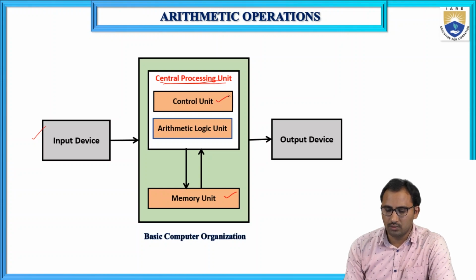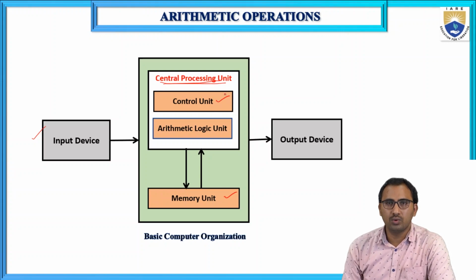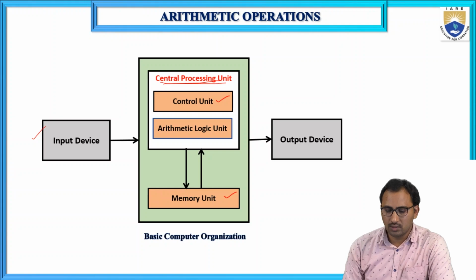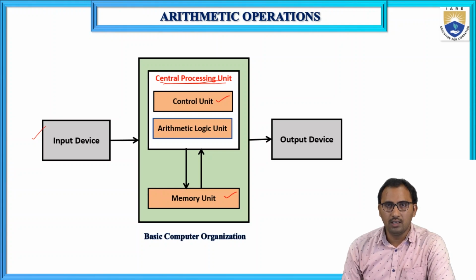The control unit is used to generate different timing and control signals, because the computer is a combination of various modules, and all those modules need to work in synchronization with each other. For that purpose, the synchronization and timing signals are generated by the control unit.